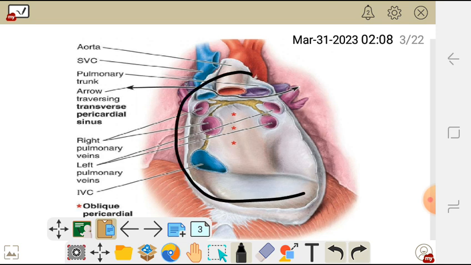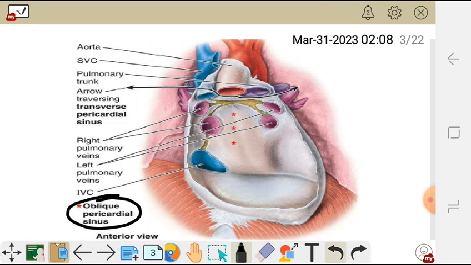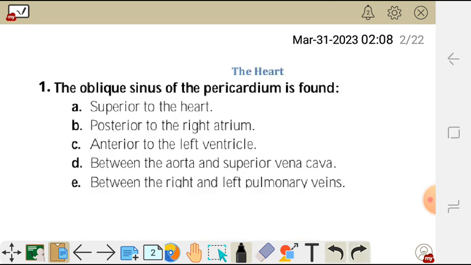Remember, this is simply a sac which covers the heart, and the heart here has been removed to expose the oblique pericardial sinus. So on our choices here, the oblique sinus of the pericardium is found in between the right and the left pulmonary veins. So the correct answer for question 1 is E.